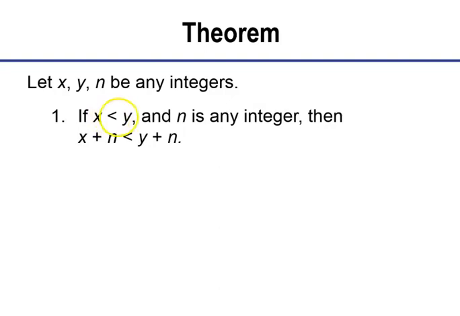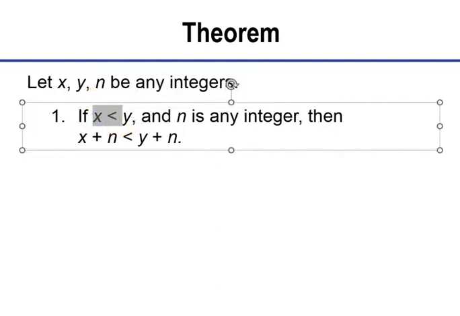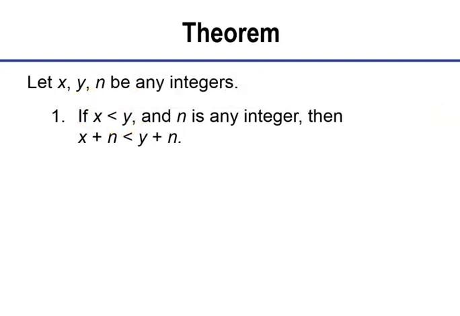So if we start off with x is less than y, let me get my highlighter working. If we start off with x is less than y, here notice we still have x is less than y. We just added n to both sides. If x is less than y, then negative x is greater than negative y. Watch what happened there.